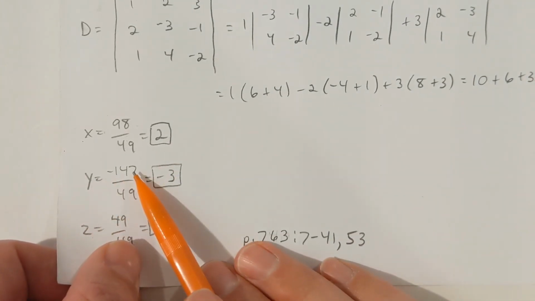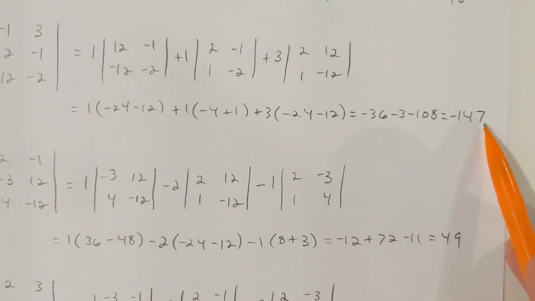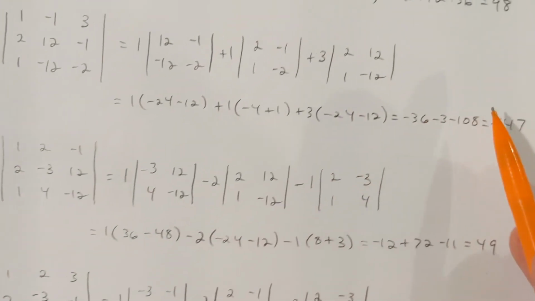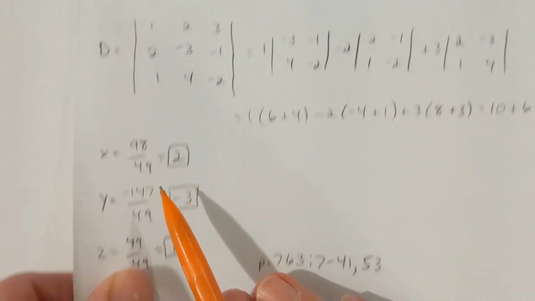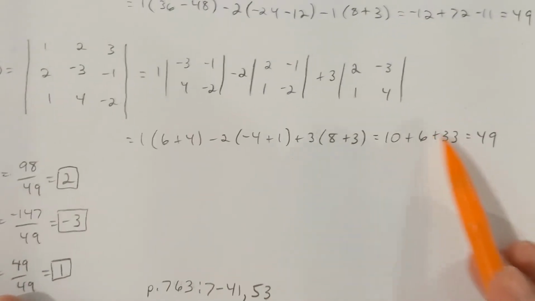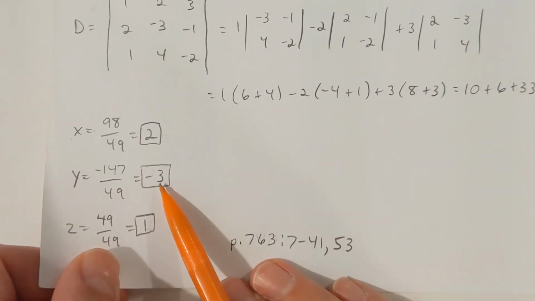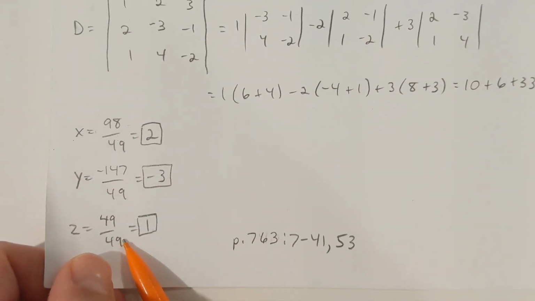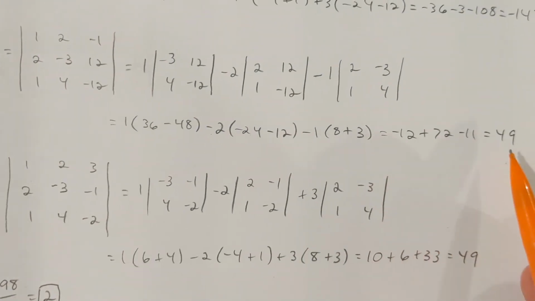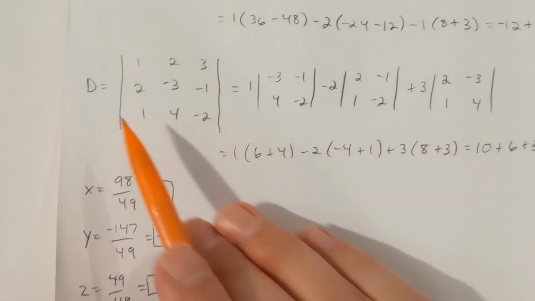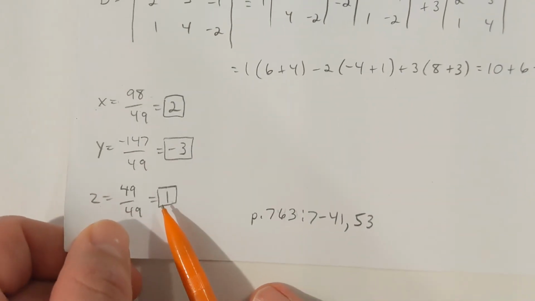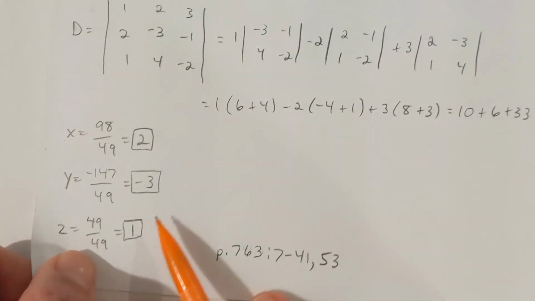Y is where I take d sub y, which is negative 147, and I'm dividing by d, which is 49, so I get negative 3 for y. Z is where I take d sub z, which is 49, divided by d, which is also 49, and so z is 1. Okay.